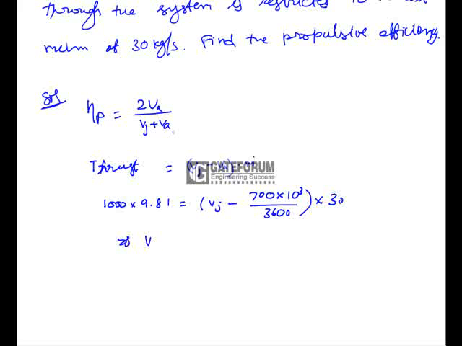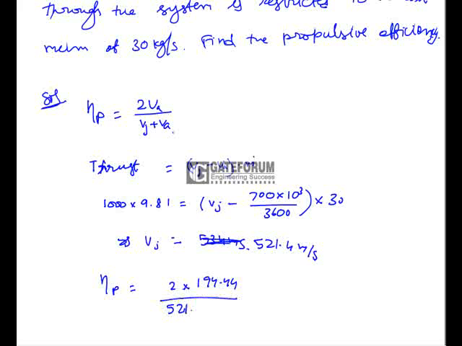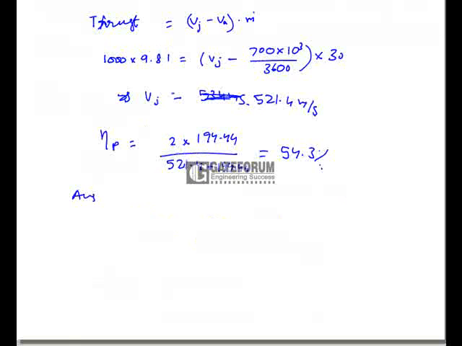From this we get Vj equal to 521.4 meter per second. The propulsive efficiency is then equal to 2 into Va, where Va is 700 into 10 cube by 3600, which is 194.44, divided by 521.4 plus 194.44, which gives a value nearly equal to 54.3%. In the options, the right option is A. A is the right answer.